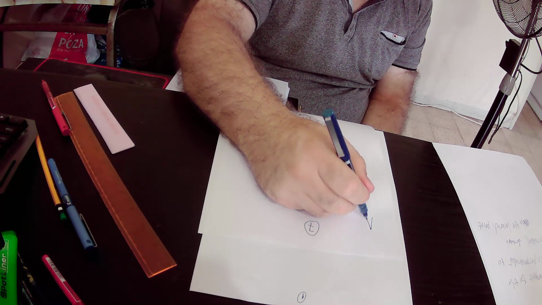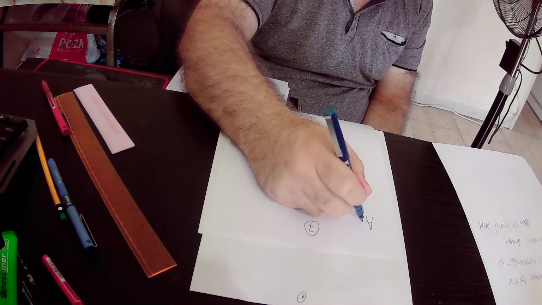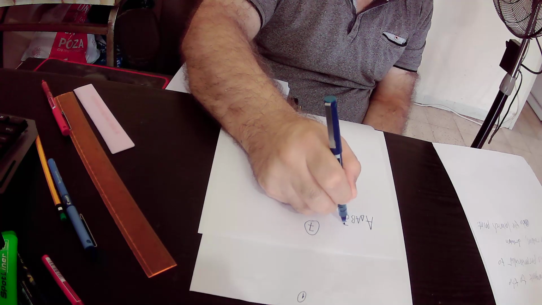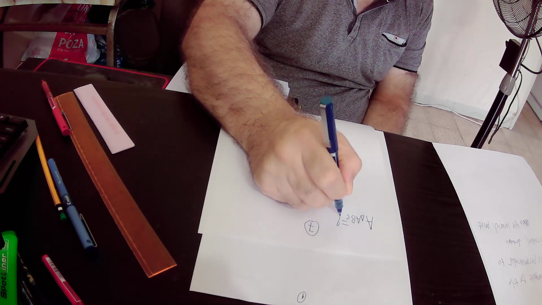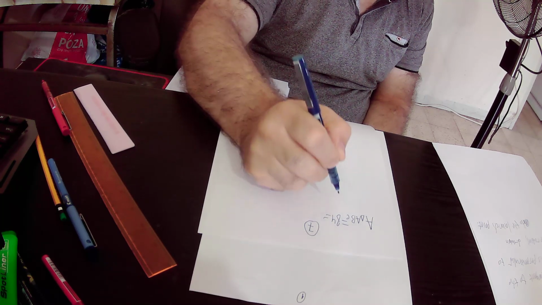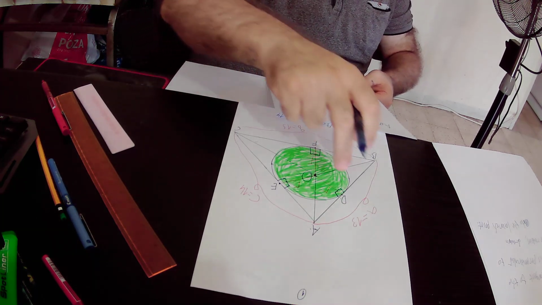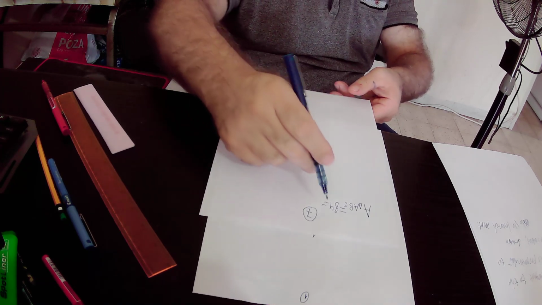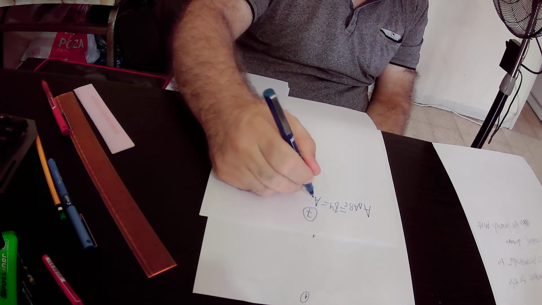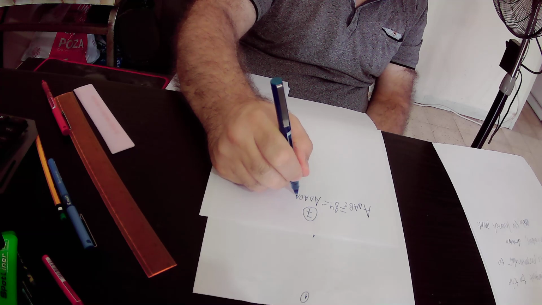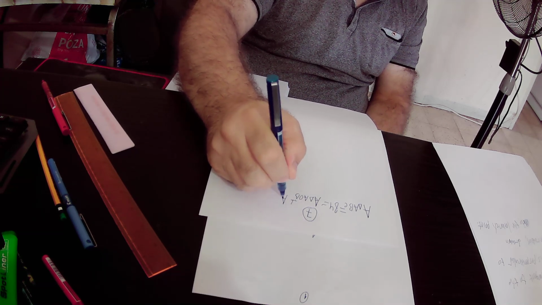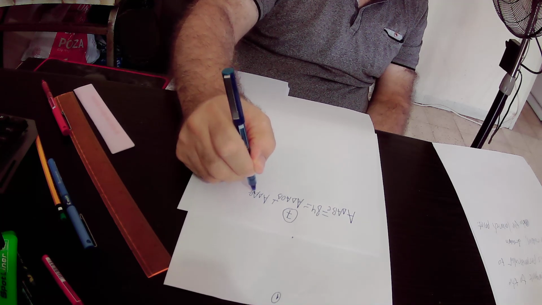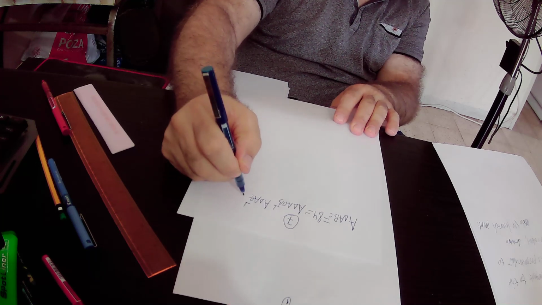We will create the equality that states that the area A, the abbreviation for area of triangle ABC, which we have already found equals 84 square units, equals the sum of the areas of triangle AOB plus the area of triangle AOC plus the area of triangle BOC.